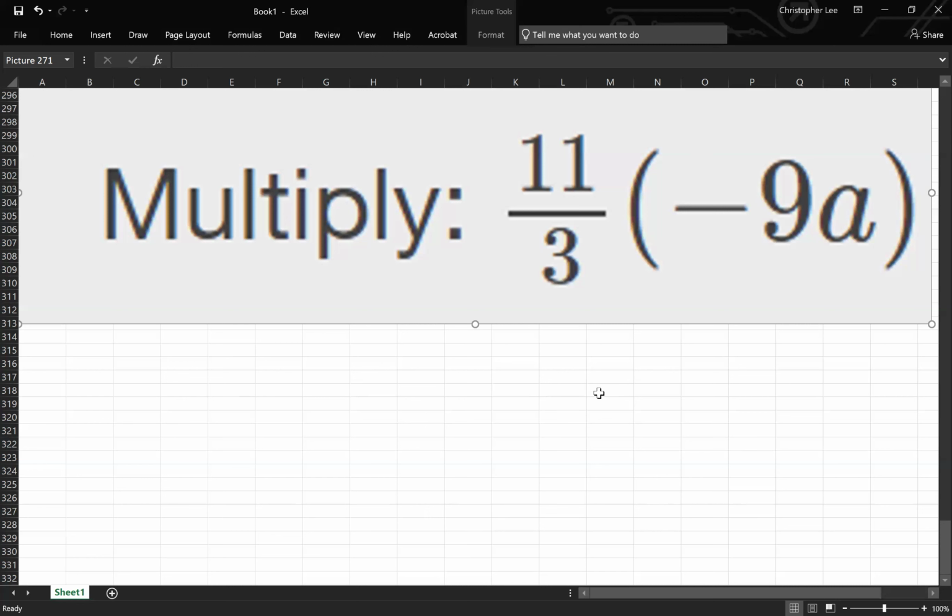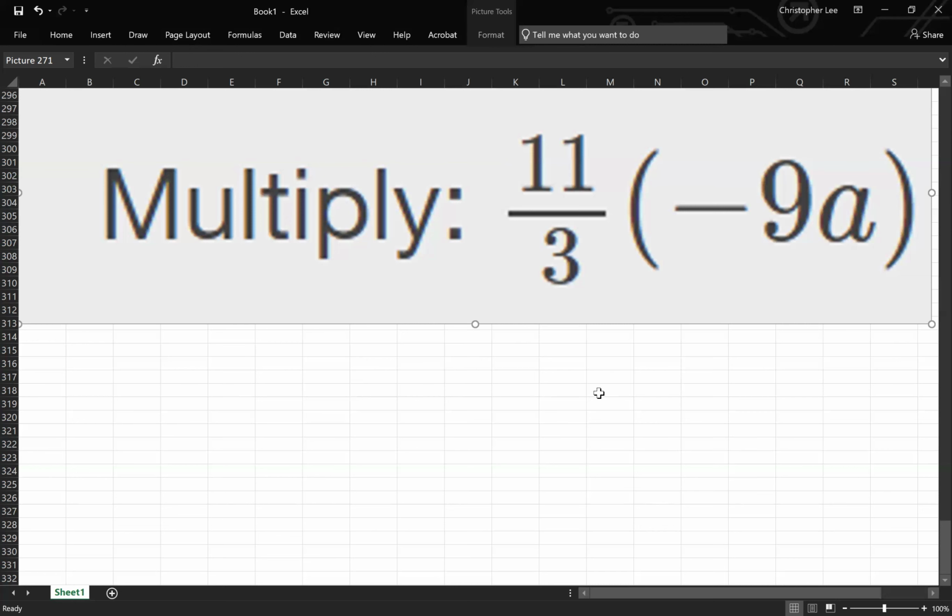Multiply straight across, top and bottom. Then you can reduce it.